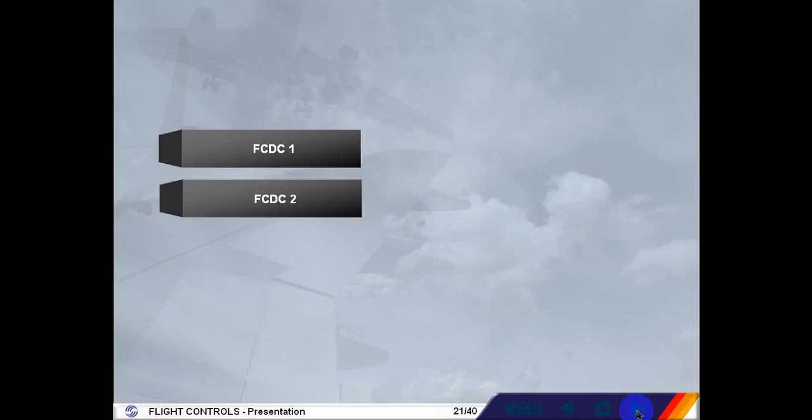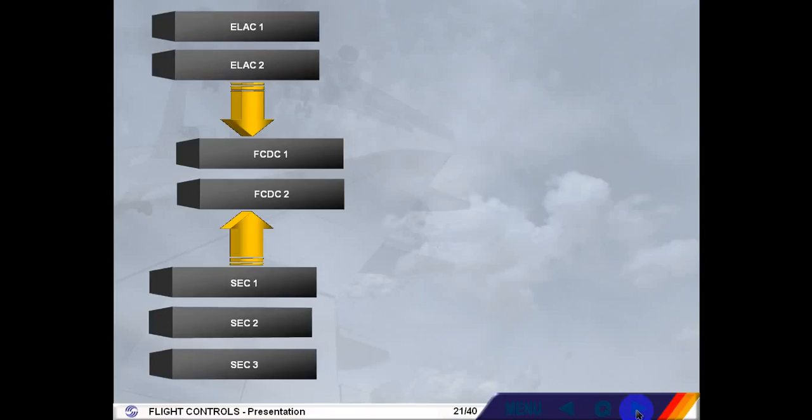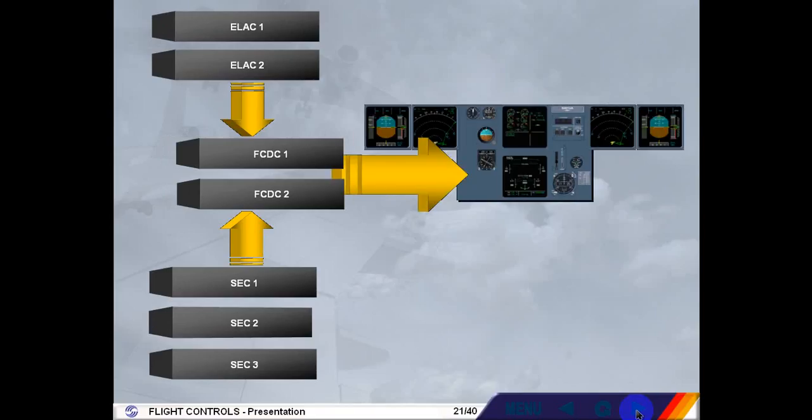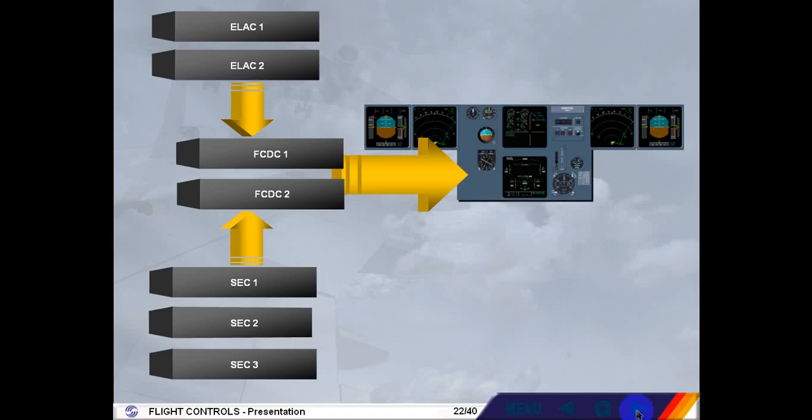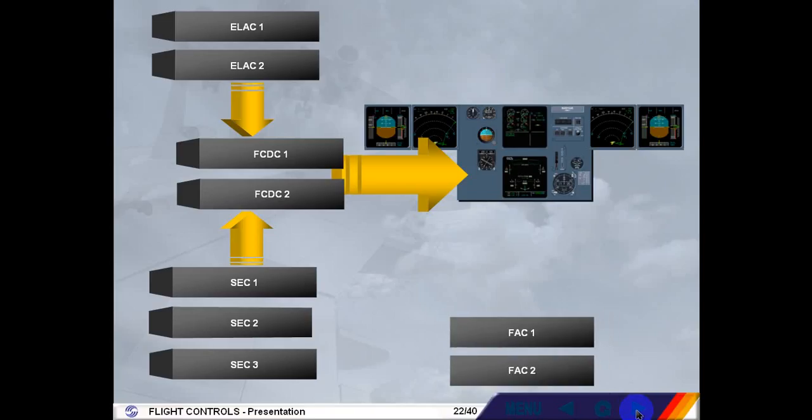In addition, 2 flight control data concentrator computers, FCDC, are used to acquire data from the ELAC and SEC. Then they send it to the EIS. However, the data from both FACs is sent directly to the EIS.